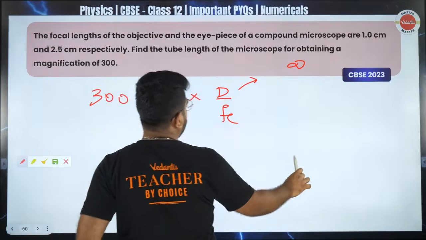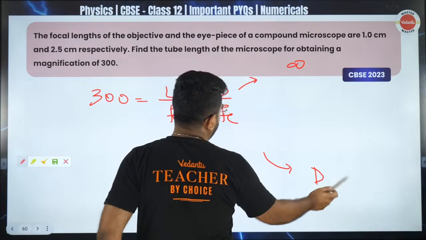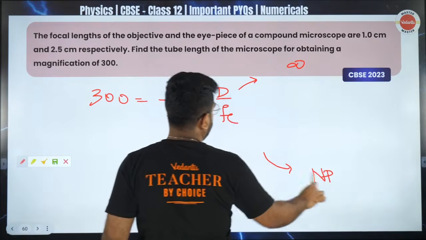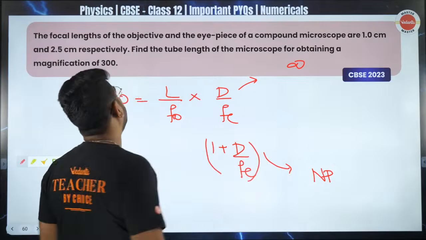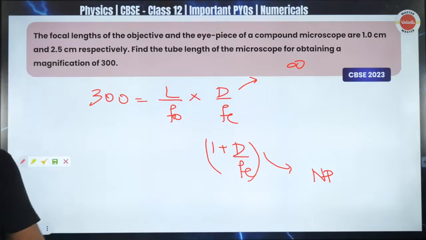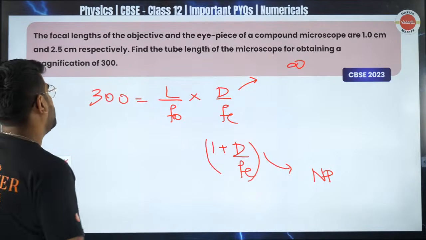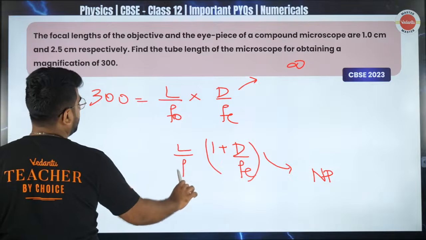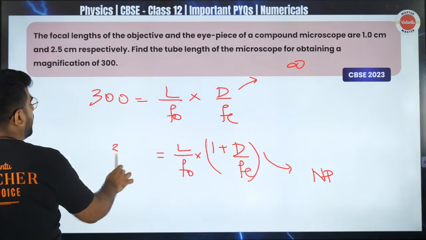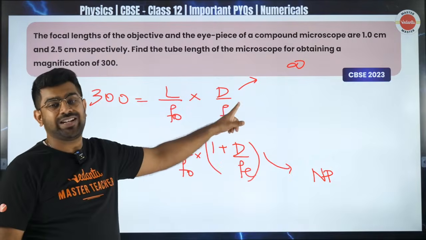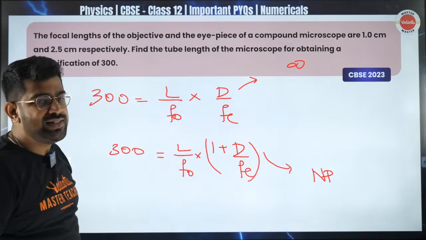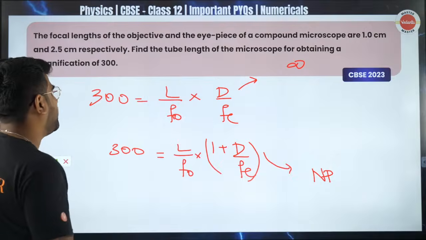For near point, you should write 1 plus D by Fe. Here it is not mentioned, so I am taking it as far point. Far point means infinity, near point means least distance of distinct vision, 25 centimeter.